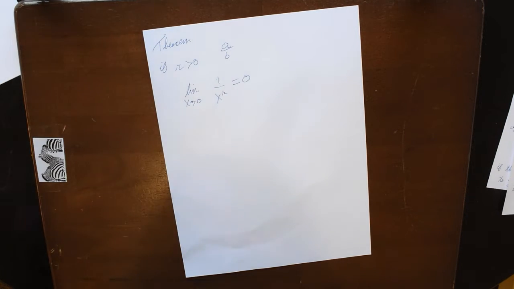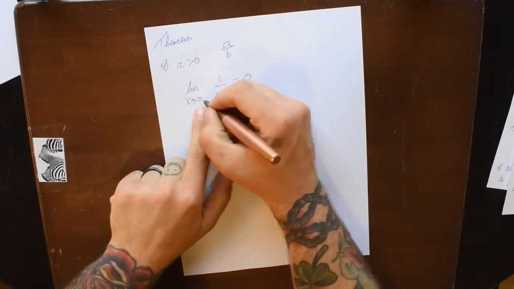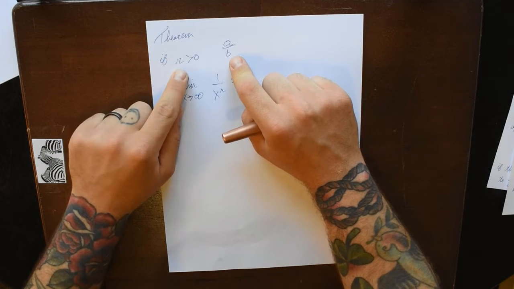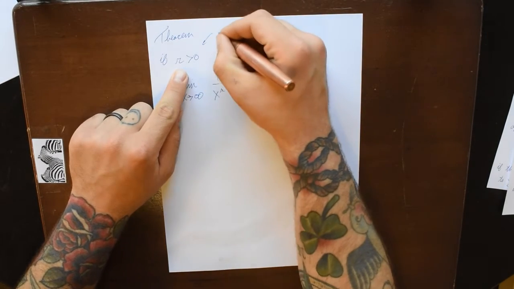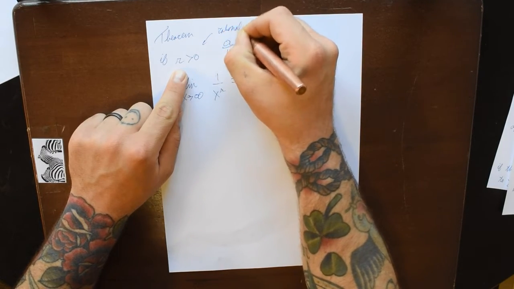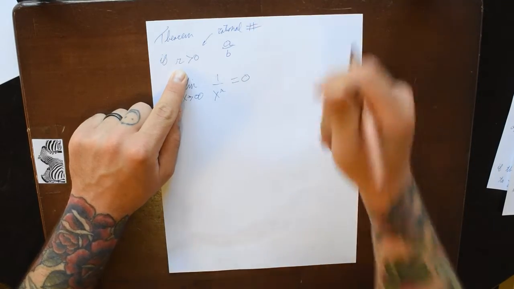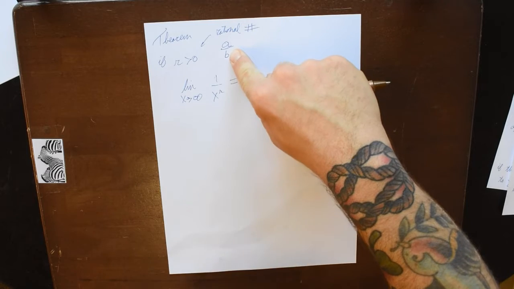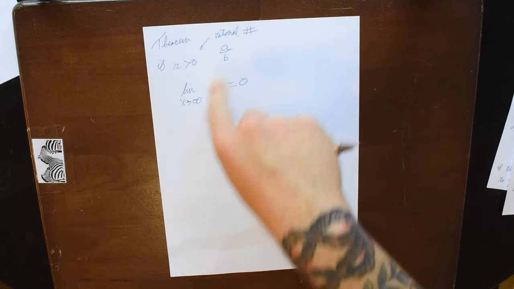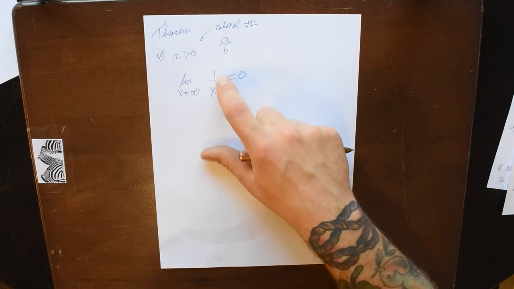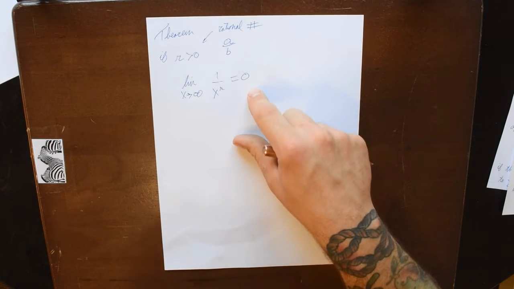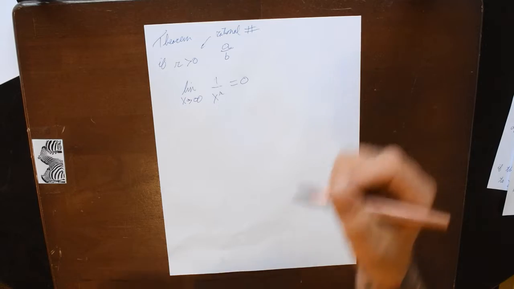Let's say that again. So we have this positive fraction, r is a rational number. If r is a rational number, and we take the limit of 1 over x to the r as x increases without bound, that is going to limit to 0.